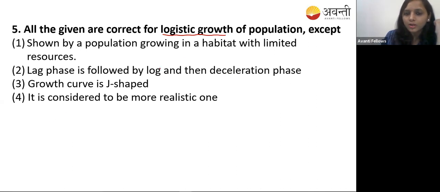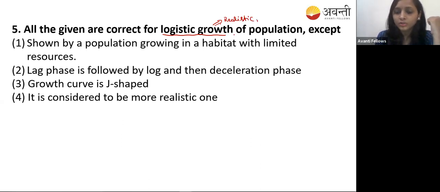The logistic growth is the realistic one, and it happens when it has limited resources. So that is correct.